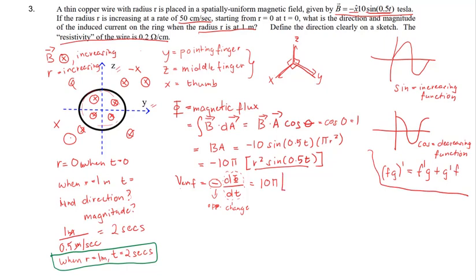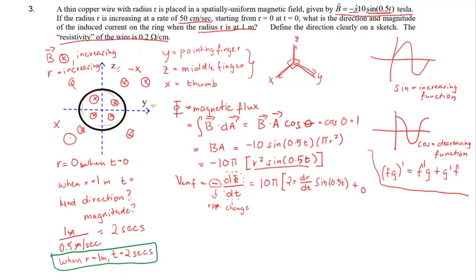So let's designate r squared as f and the sine function as g. The derivative of r squared is just 2r dr/dt, and then just the sine of 0.5t, plus the derivative of g, which needs the chain rule as well.